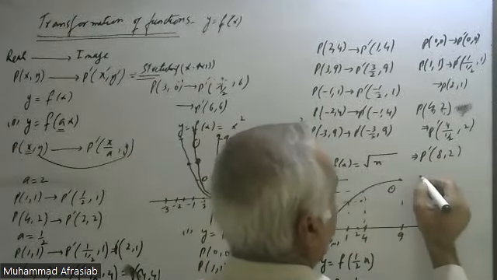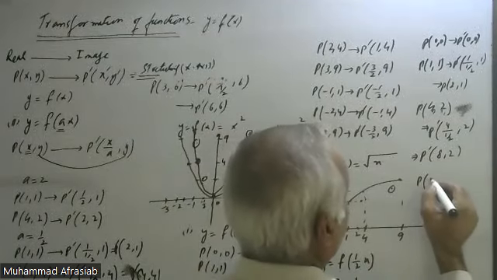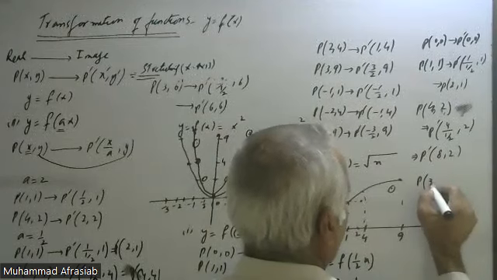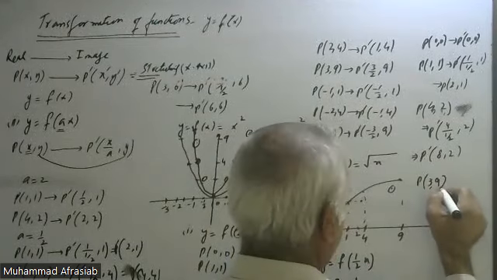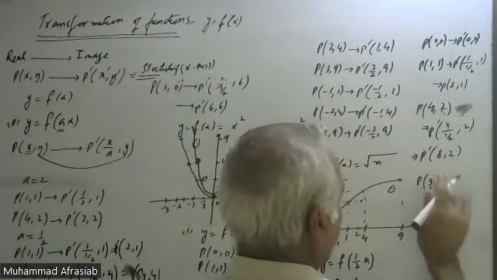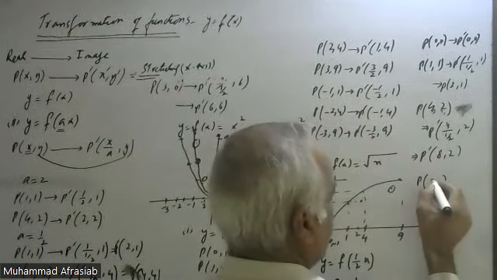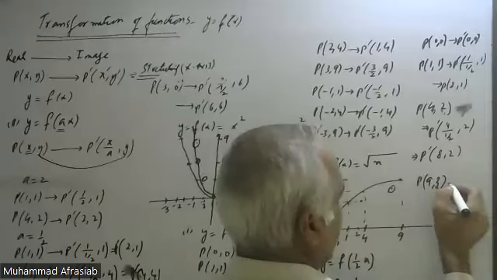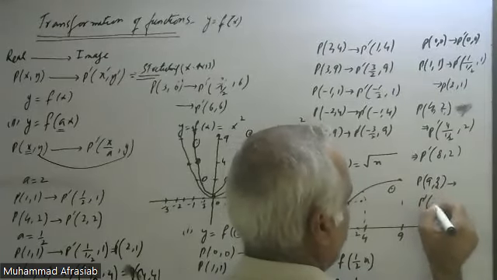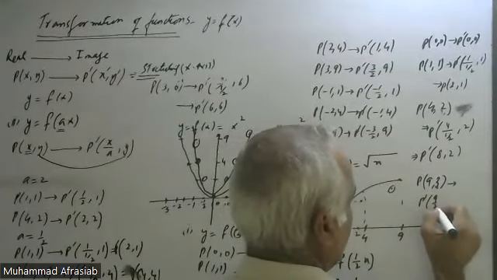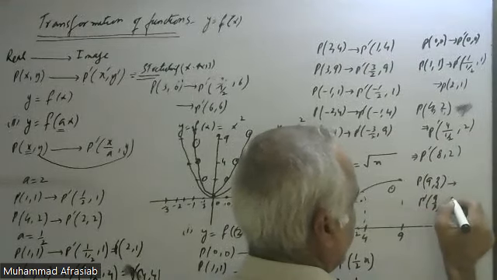So if P value is 9 and 3 for the original graph, then P dash will be equal to 9 over 1 over 2 and 3.